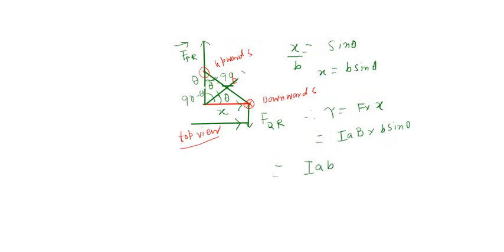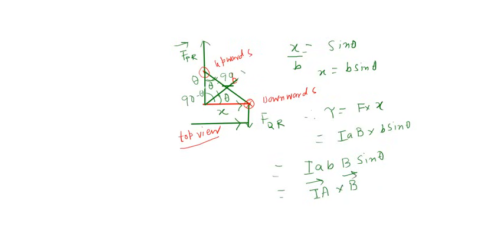Now what is actually IAb? Ab is the area of the loop, and IAB we can write it like this: IA cross B, because theta is the angle between the area vector and the magnetic field.